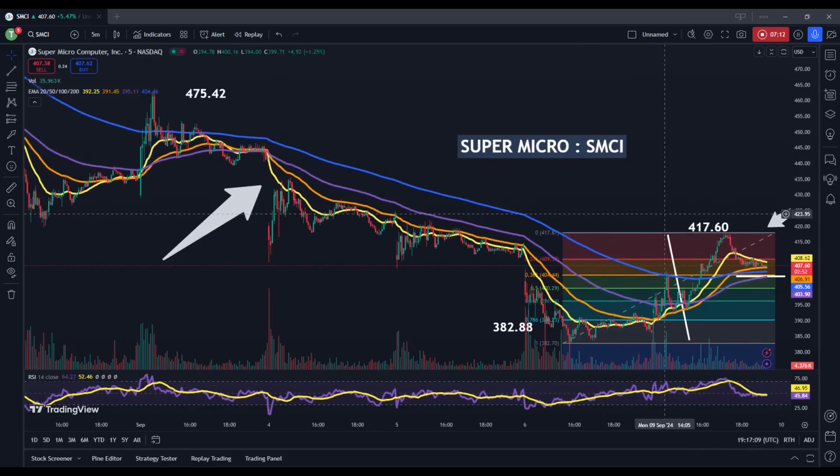So there are a few factors at work that could sort of help the stock generate some upside momentum. But currently what we do need to see here is a sustained break, and most likely a daily close just above this 417.60 area. So here's the current stock market update for Supermicro Computer Incorporated, stock ticker SMCI.